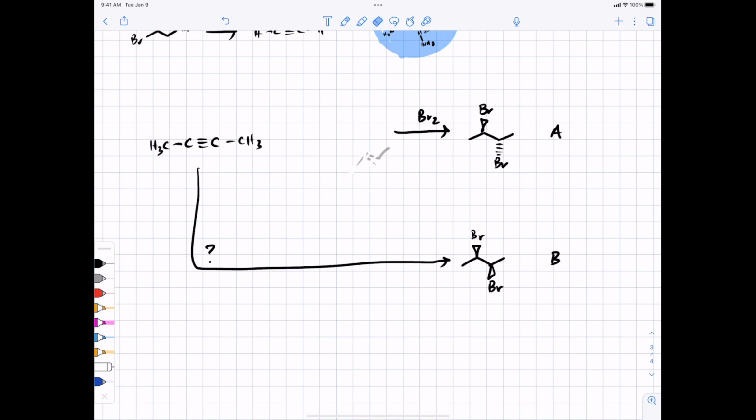You can tell because I just so happen to draw the product in an orientation where the Brs are on opposite sides. You know that addition of Br2 to an alkene is an anti-addition. So it stands to reason that if you draw the molecule in such a way that the Brs are anti to each other, that will tell you what the stereochemistry of the alkene must have been.